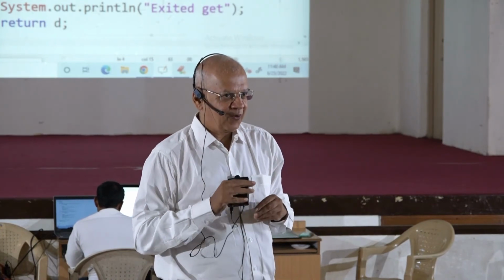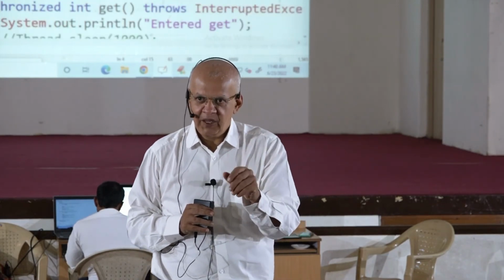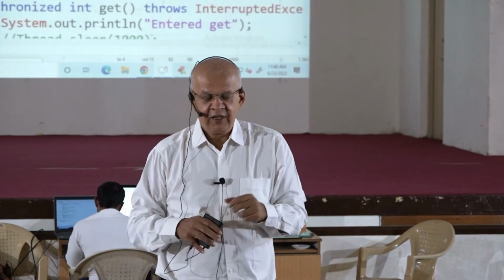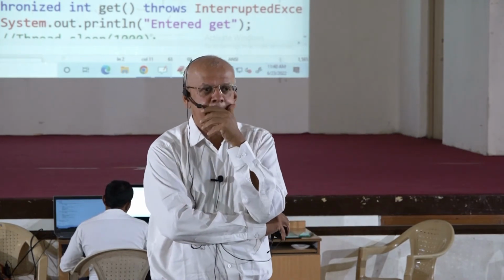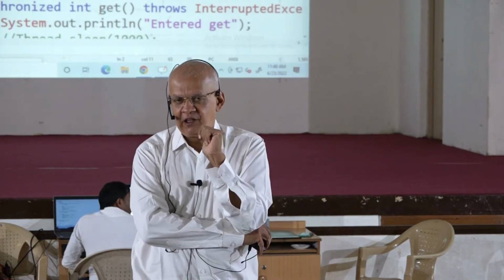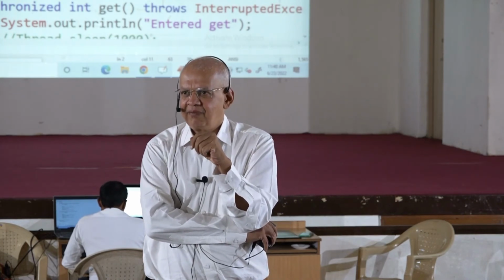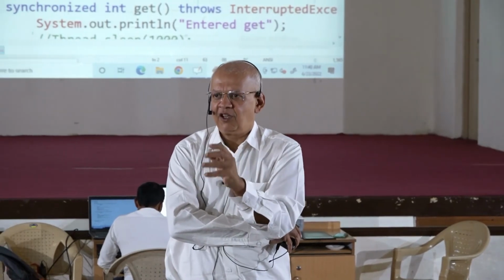Now, watch. I am going to use a variable called flag. You have to get familiar with it because this is how the flag will work. I am going to talk about the code and then we are going to write it. So the shared variable is going to have a flag. The flag is initially 0. 0 means the producer should produce. That means the shared variable is empty.